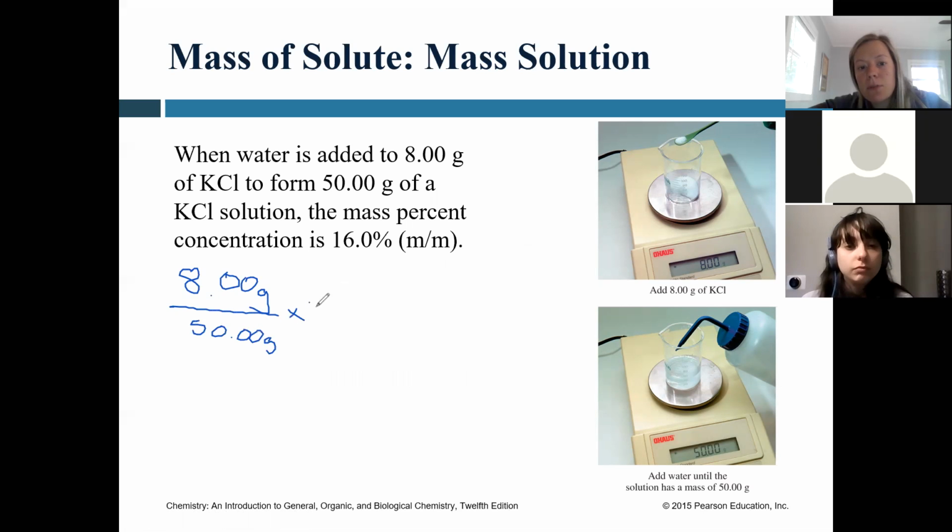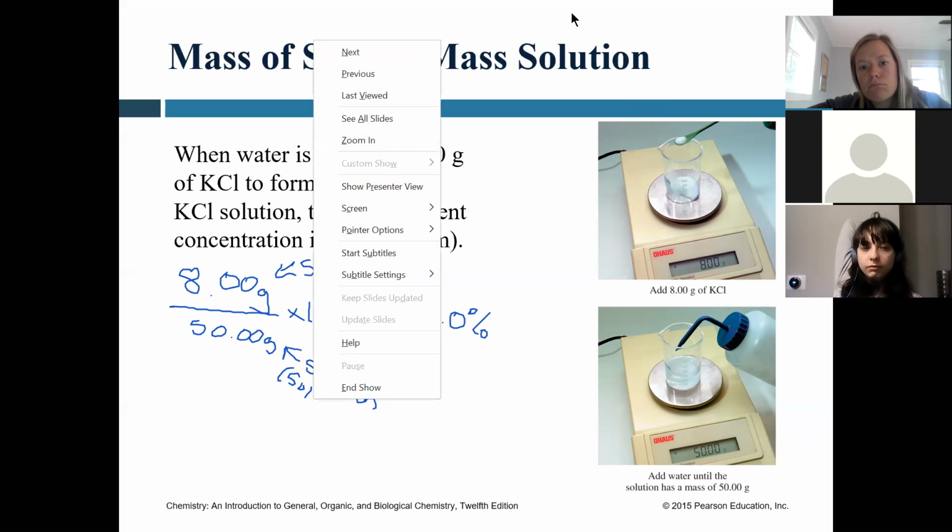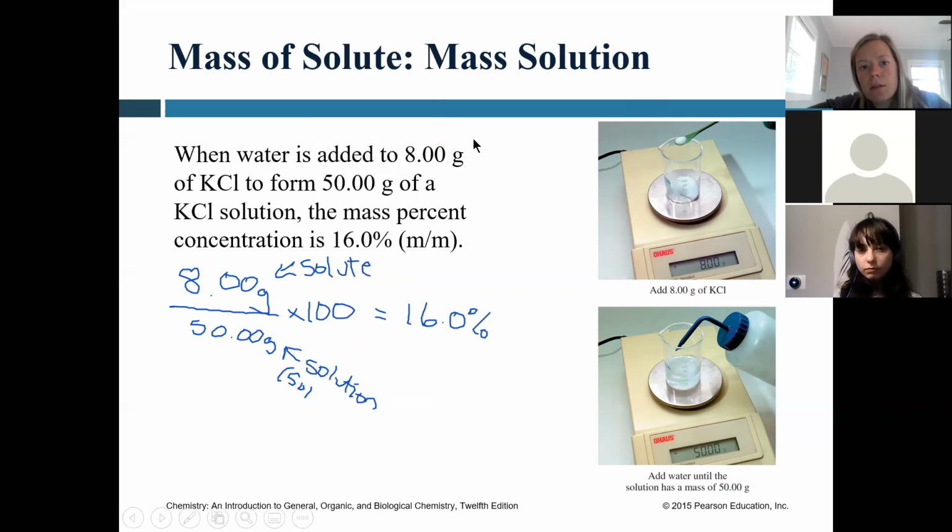Oh, and I'm sorry, you have to multiply by 100 as well. And then you multiply by 100 and you get 16.0%. So solute, what's getting dissolved; solution; solvent; solution is solute plus solvent.